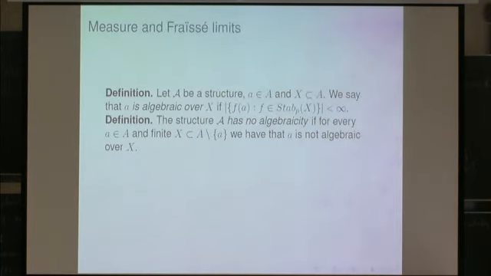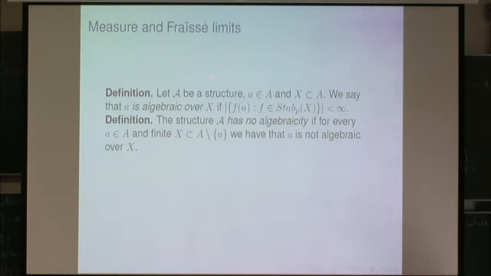What about the other Fraïssé limits? So we could generalize their theorem in the following way. Suppose that we have a structure, a set X, and an element A of the structure. We say that A is algebraic over X if whenever we have an automorphism that stabilizes X pointwise, then we have only finitely many options for the image of A. Okay?